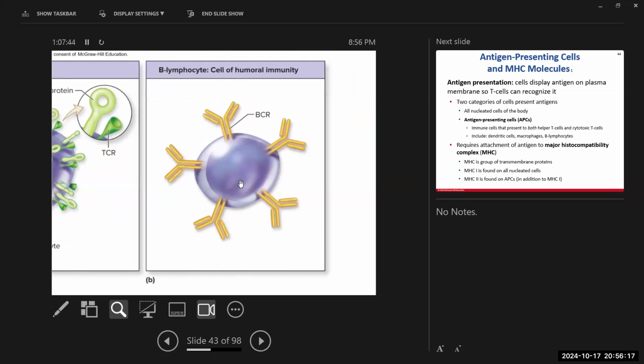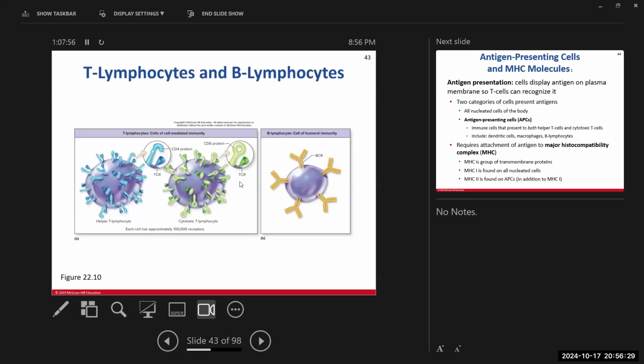The B lymphocyte has its B cell receptors, and they kind of look like antibodies, but we'll see those on the periphery. I just want you to understand what we're looking at here. We'll talk more about it in our next class on Tuesday. Do you all have any questions?